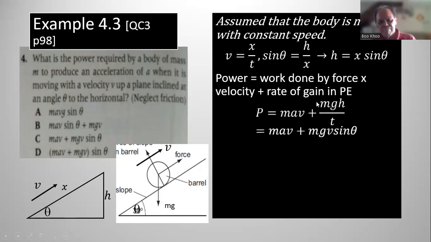And write in formula form, force ma times your velocity, and rate mgh divided by time. Okay. h we can replace by x sine theta. Right? x over t is v. So we get that equation. Our answer is C.